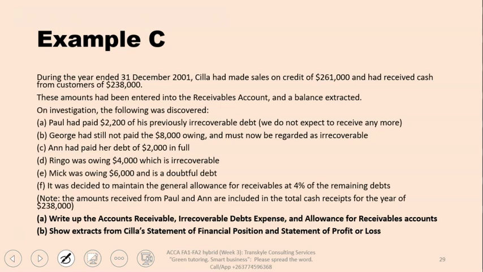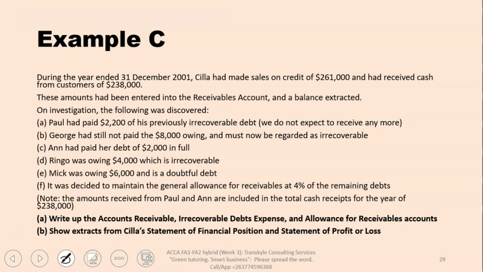On investigation, the following was discovered. Paul had paid 2,200 of his previously irrecoverable debt. We do not expect to receive any more. Then George had still not paid the 8,000 owing and must now be recorded as irrecoverable.